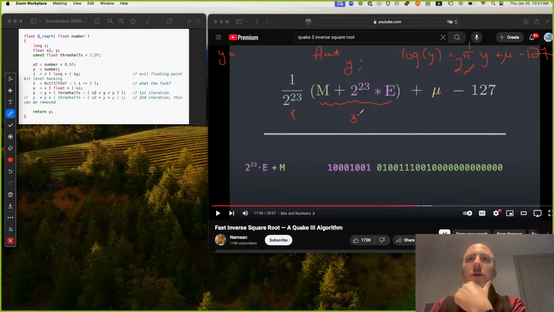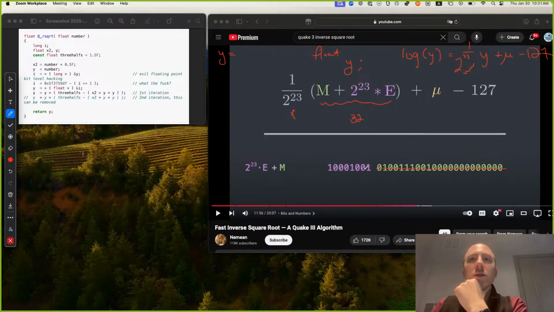Well, it is 32 bits, so maybe this is actually just shifting, because shifting away these 23 bits, 1 2 3 4 5 6 7 8 9 10 11 12 13 14 15 16 17 18 19 20 21 22 23, is basically just chopping this off.